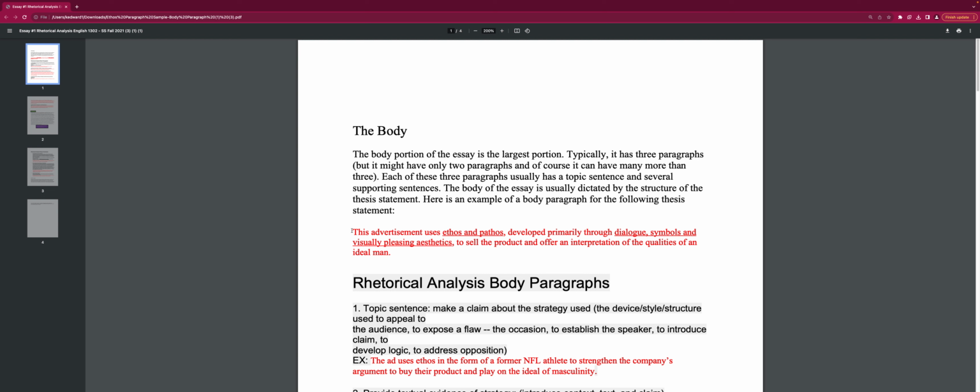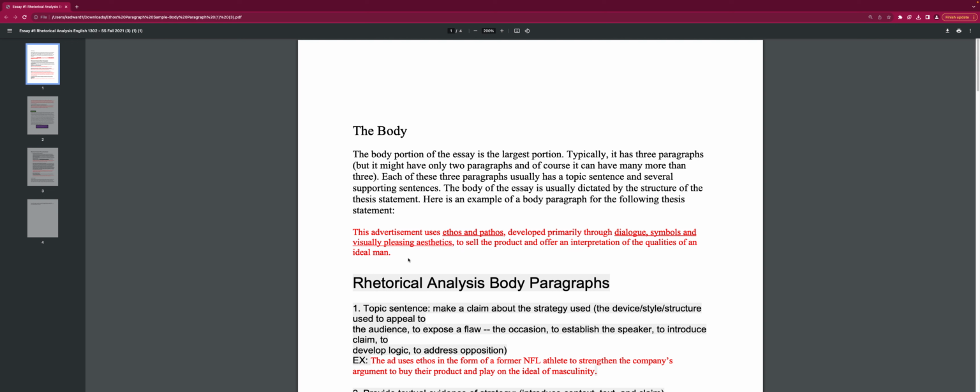Now that you've gone back and refreshed your memory on that video and watched it again, I'm going to tell you to go back to the introductory paragraph that we talked about for that ad. And I just copied and pasted the same thesis that we discussed last week here. The body of your paper has one job, and that job is essentially to prove your thesis statement.